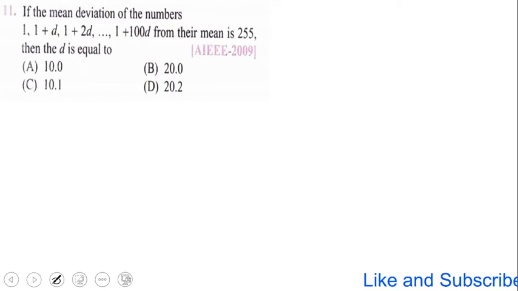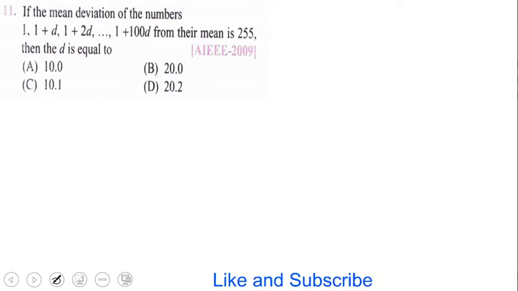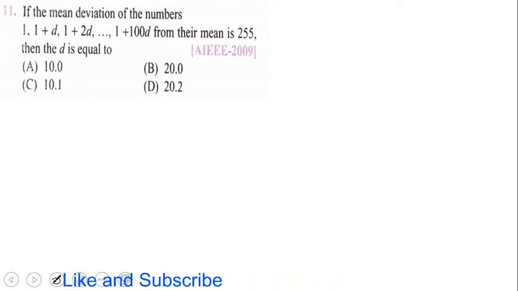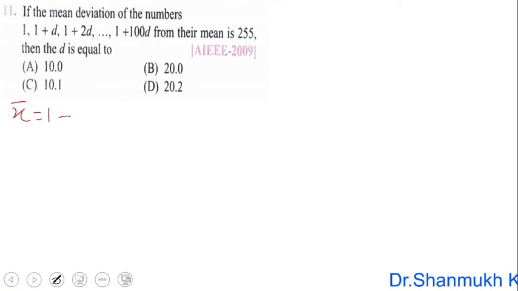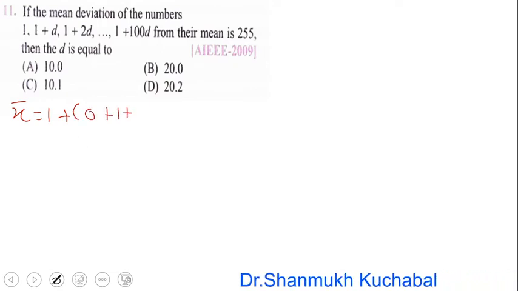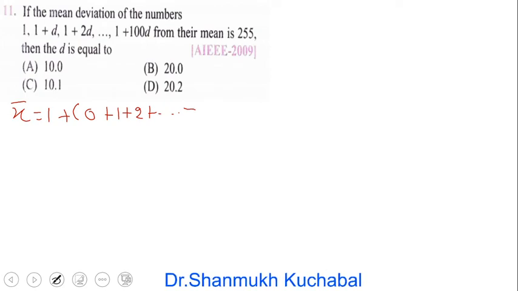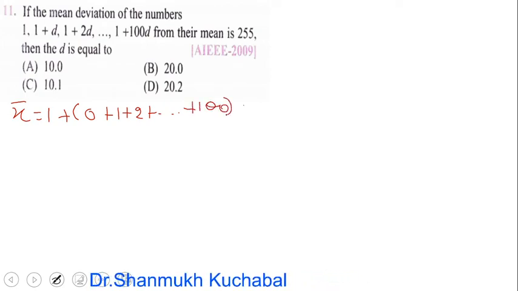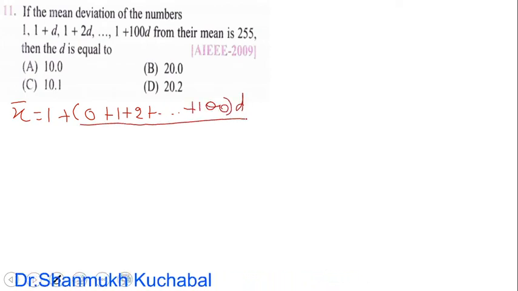The question is, if the mean deviation of the numbers 1, 1 plus d, and so on up to 1 plus 100d, from their mean is 255, then d is equal to. So here it is given that x bar equal to 1 plus 1 plus d plus 1 plus 2d, up to 1 plus 100d, divided by a total of 101.